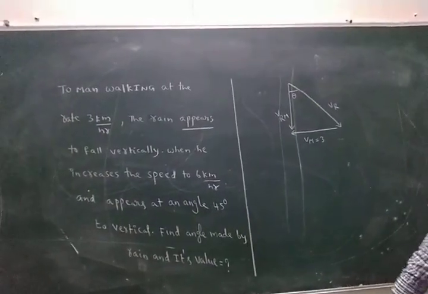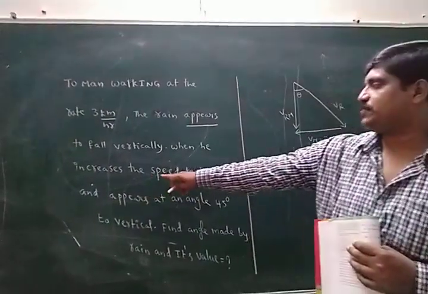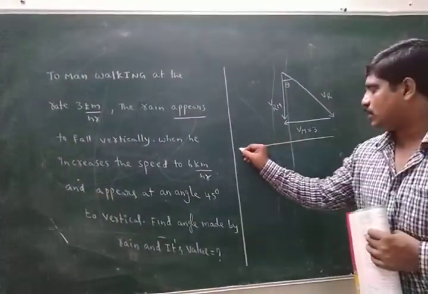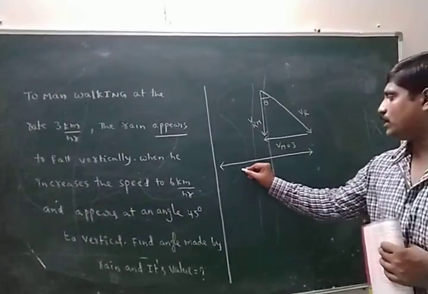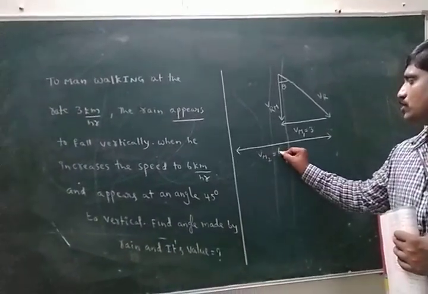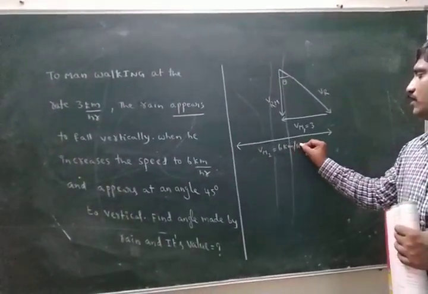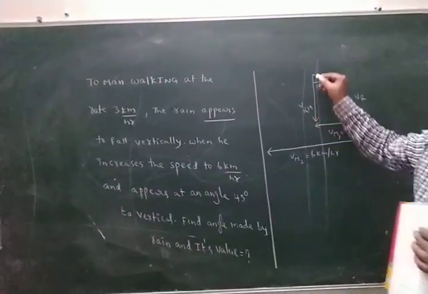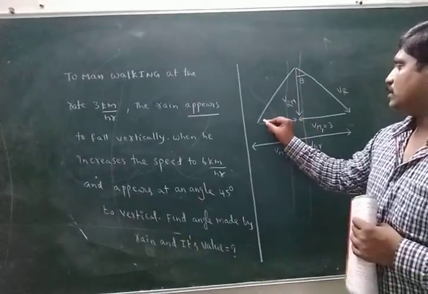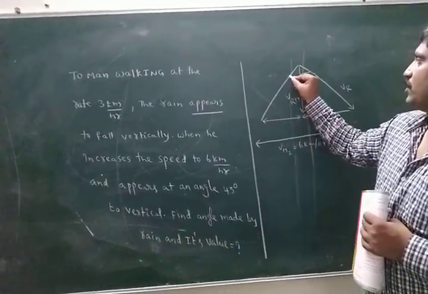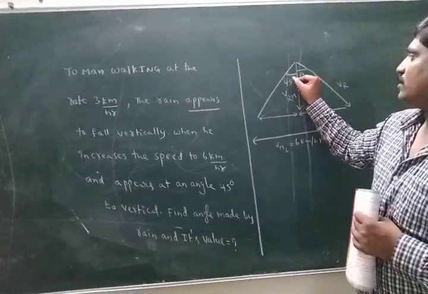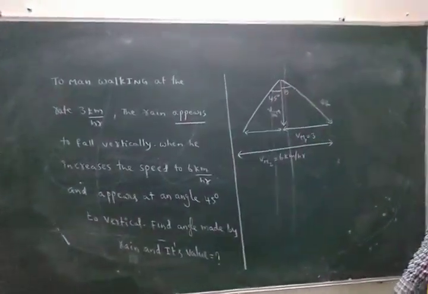Next, when he increases the speed to 6 km per hour, this is Vm1, this is Vm2, 6 km per hour. In this situation, the rain appears to make some angle, and this angle is given as 45 degrees to the vertical.